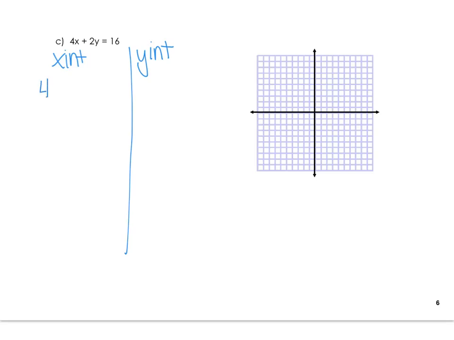So you end up with 4x plus 2 times 0 equals 16. Multiply that 0. Again, usually I'll cross out. 4x equals 16.